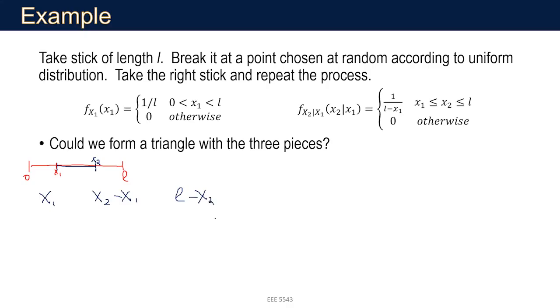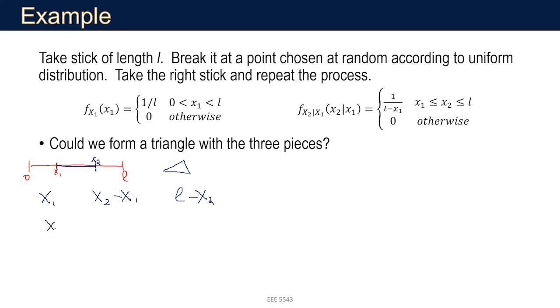For them to form a triangle, any two sticks added together must be greater than the third. Because if you think of a triangle, any two sides have to be greater than the third, otherwise they won't be long enough to form a triangle. So there are some inequalities that we need to solve.